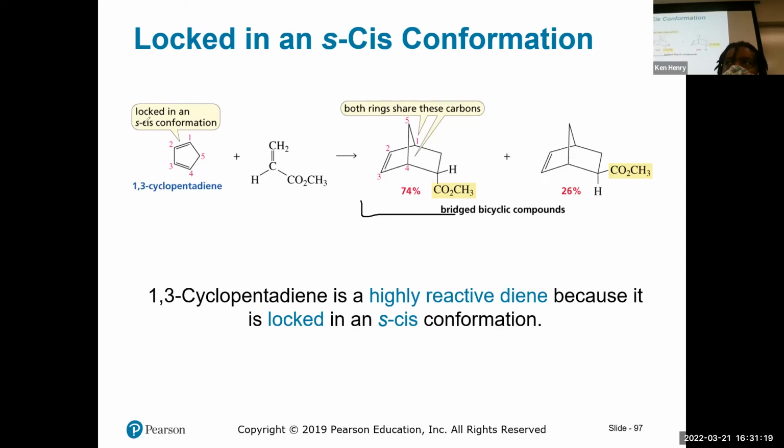And then it's also because you have this locked S-cis structure. So we're going to end up with a bridged bicyclic compound.